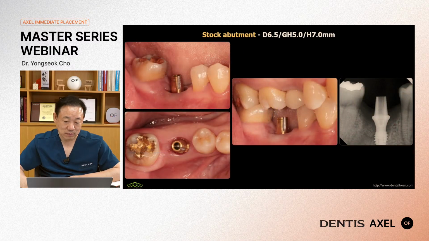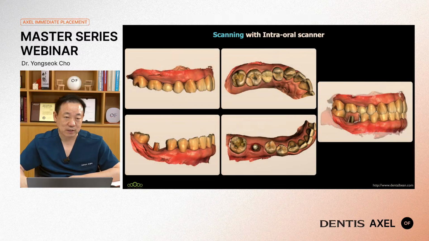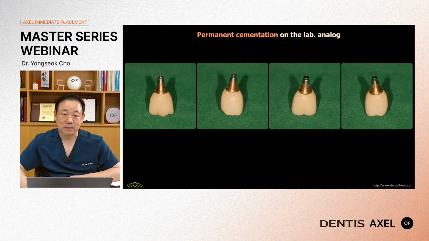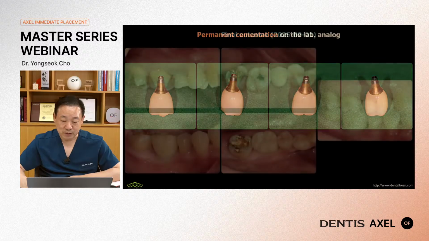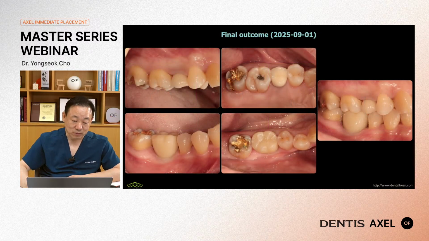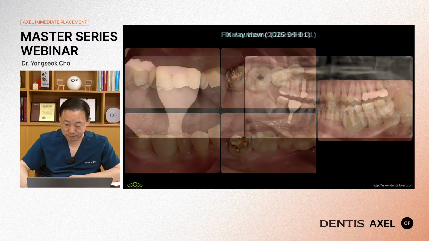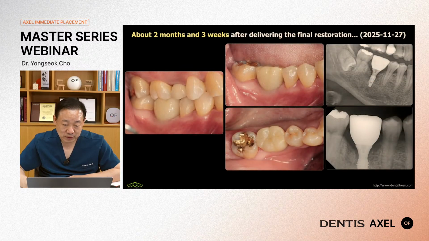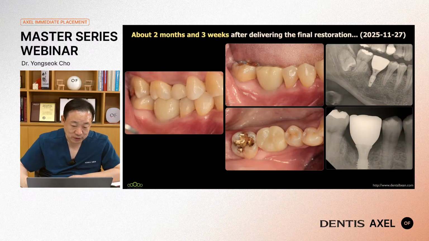However, Dr. Kim started the prosthetic procedure, and with a stock abutment, the crown was fabricated. Here is the final outcome of this case. And this is 2 months and 3 weeks after delivering the final restoration.